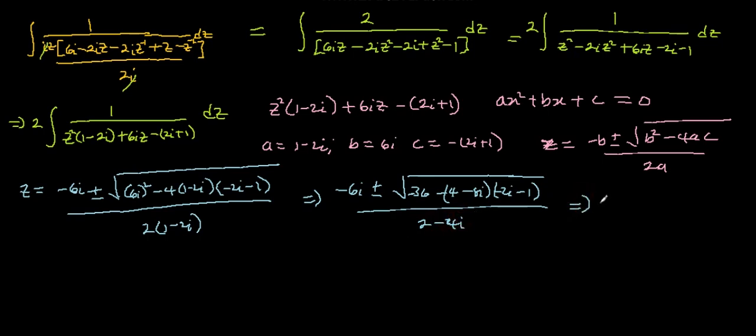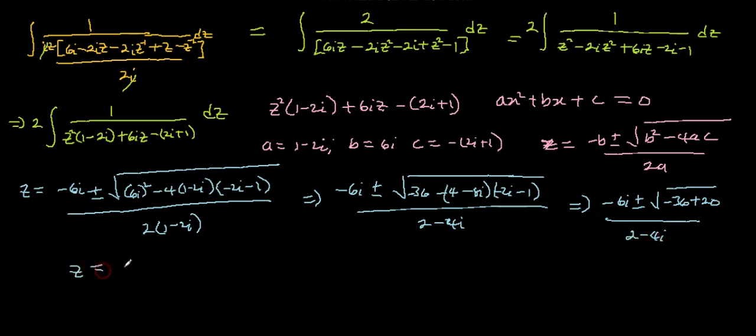So this will give rise to minus 6i plus or minus the square root of minus 36 plus 20. If you multiply these two, you are going to have 20. So this is what we have here, and this is divided by 2 minus 4i.